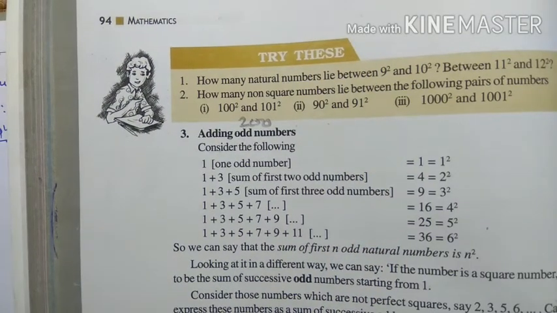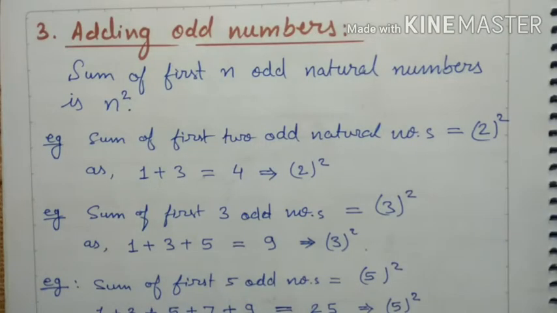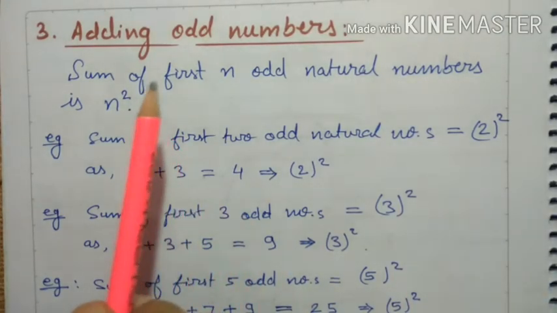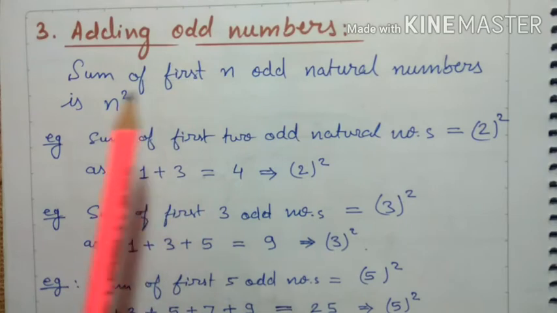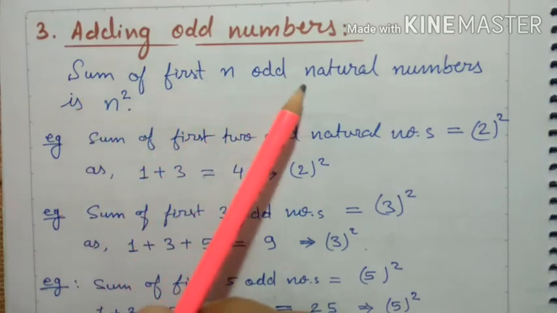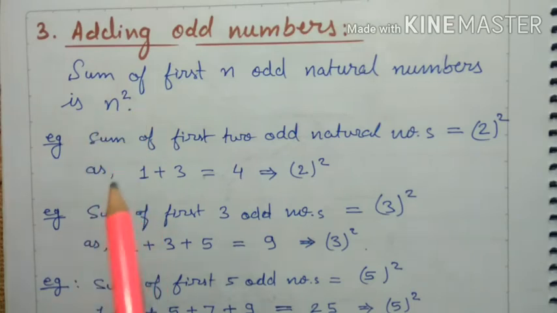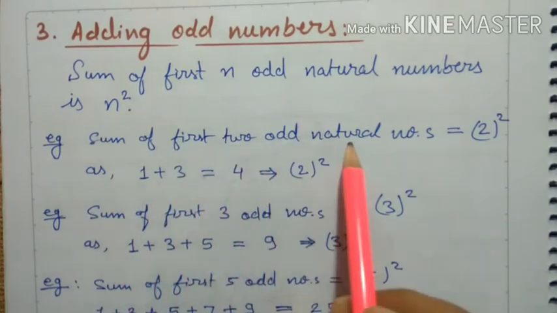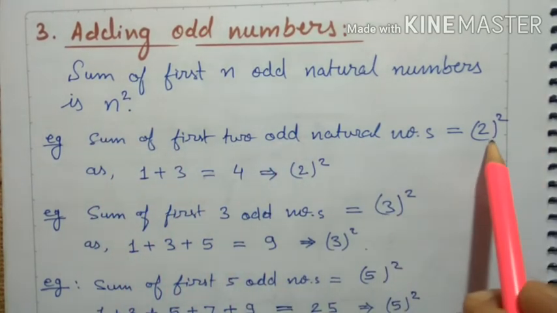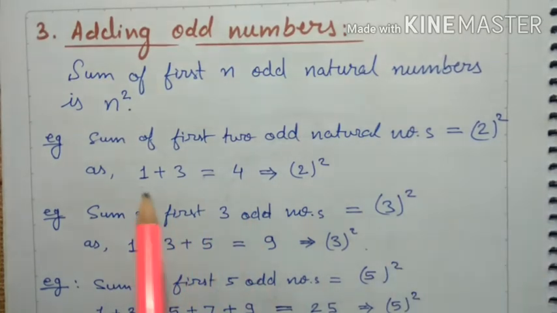Now come to the next property. This is the third pattern, adding odd numbers. The sum of the first n odd natural numbers is n square. This means the sum of the first two odd natural numbers is equal to 2 square, as the first two odd numbers are 1 and 3.